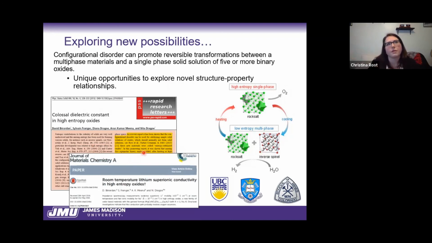There's been some more stuff that has come out, but they found some interesting properties like colossal dielectric constants, room temperature superionic conductivity, even in application for water splitting. And this was the Majumdar group at Stanford, I believe. So with that, I am happy to take any more questions.